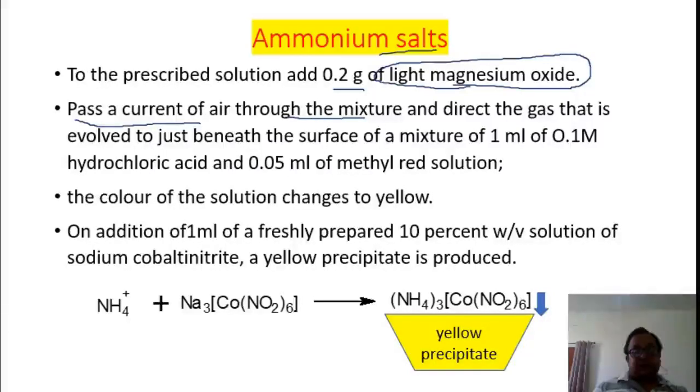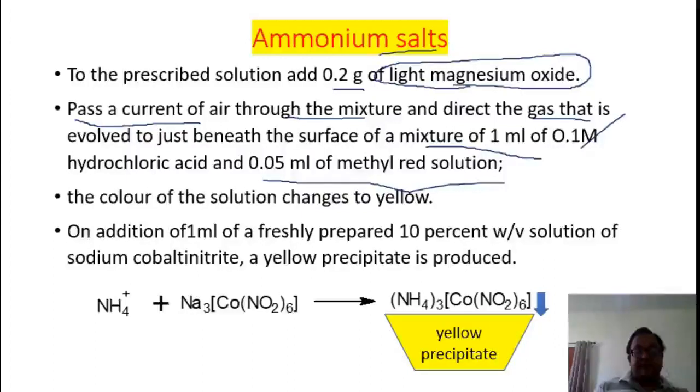As we pass the air, it carries the evolved gas, which is passed through a mixture of 1 ml of 0.1 molar hydrochloric acid containing 0.05 ml of methyl red solution.